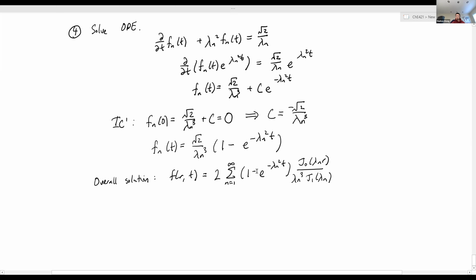And you can maybe see how this comes about. This is the basis functions right here, and then this is the coefficients of the basis functions that we figured out using our FFT solution.